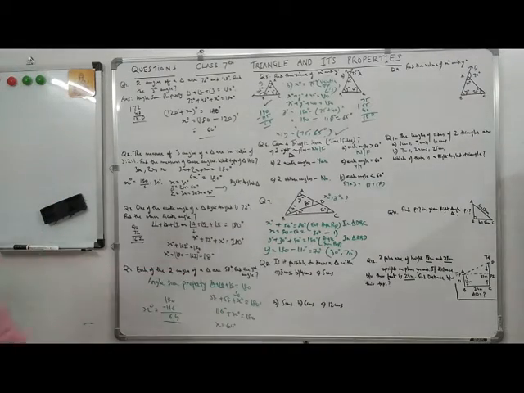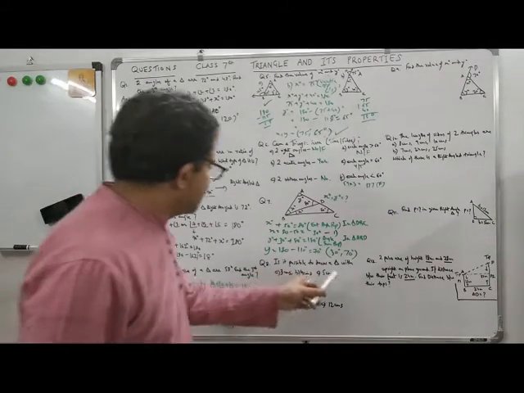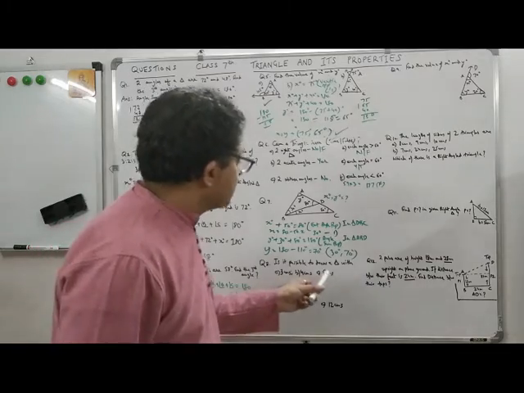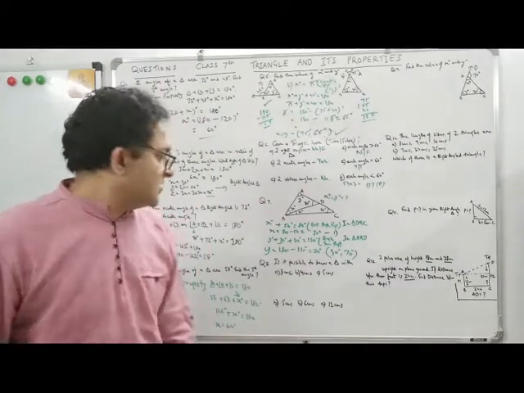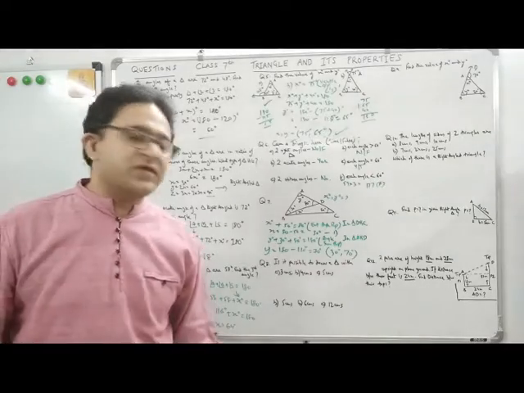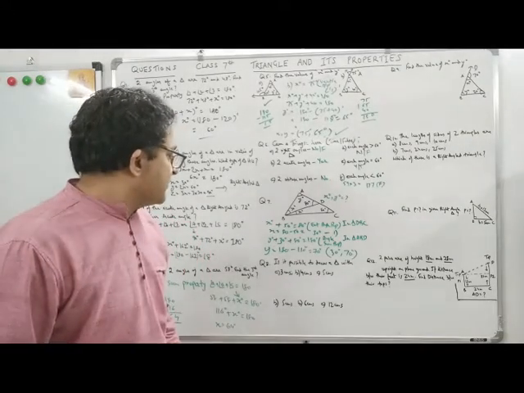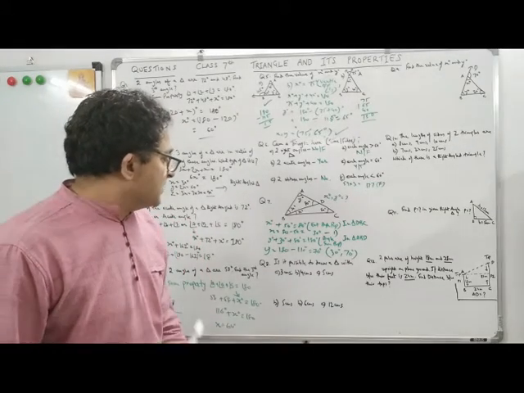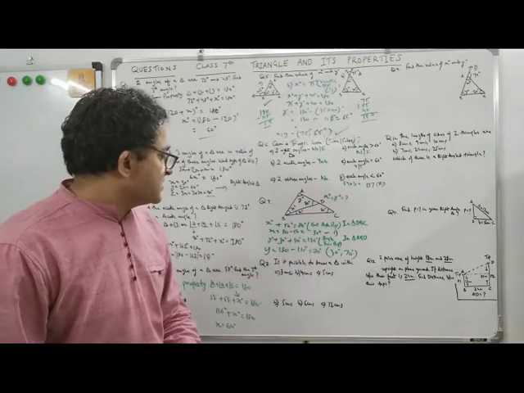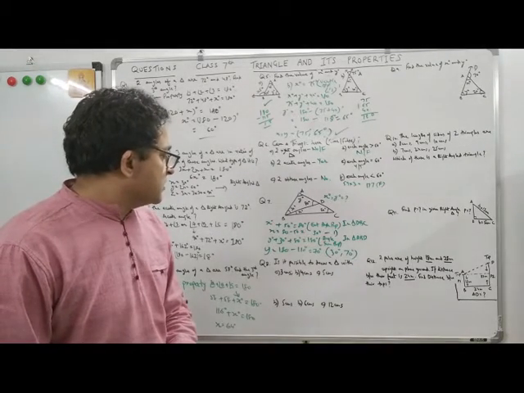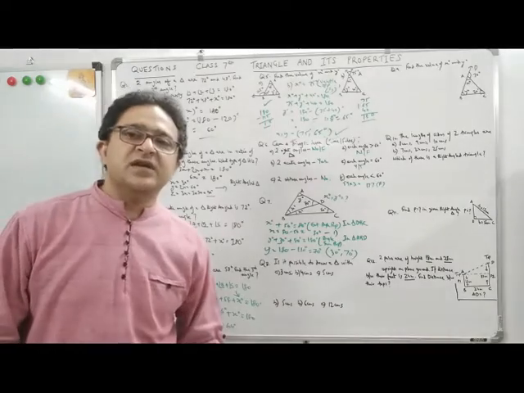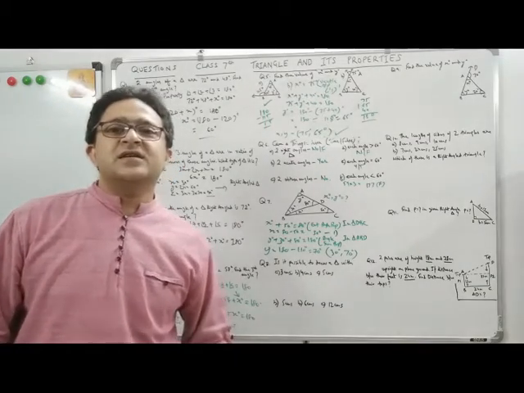Is it possible to draw a triangle? Next question: is it possible to draw a triangle with sides 3 cm, 4 cm, 5 cm? Triangle inequality property. What is that? If there are 3 sides given, the sum of the 2 sides should be greater than the third side.